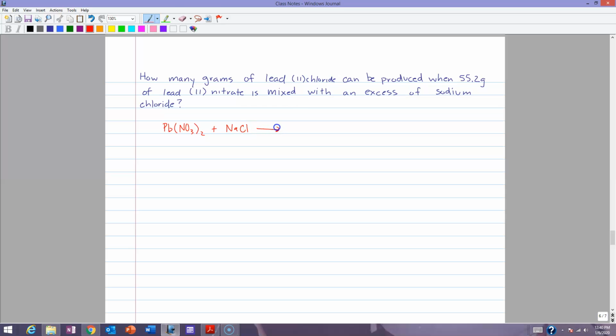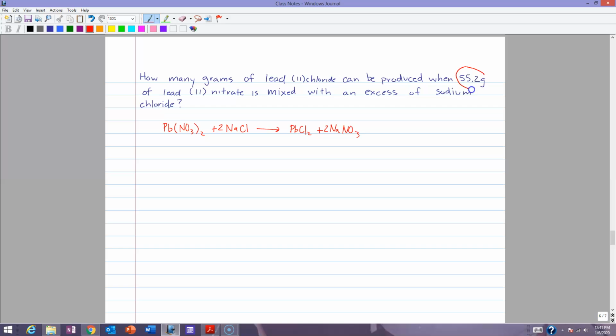And from that, we are going to produce lead 2 chloride and sodium nitrate. So I'm going to have to put a 2 here and a 2 here. And that's going to balance out.